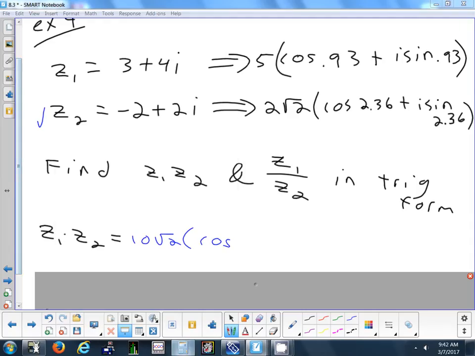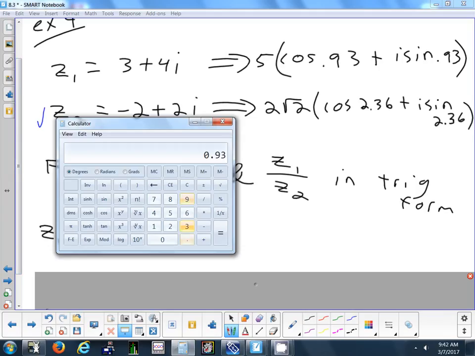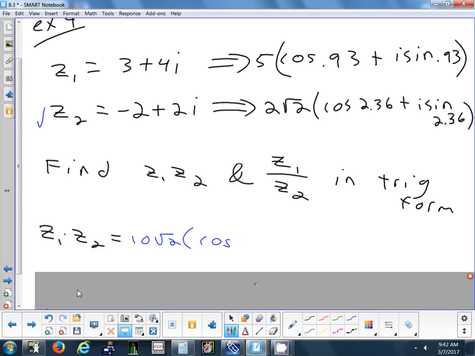Add them. So just take 0.93 plus 2.36, you get 3.29. That's it. That's the whole problem. That's the answer of how you multiply Z1 and Z2 in trig form. Okay, trig form is also known as polar form. So if you hear me say polar form, trig form, same thing.